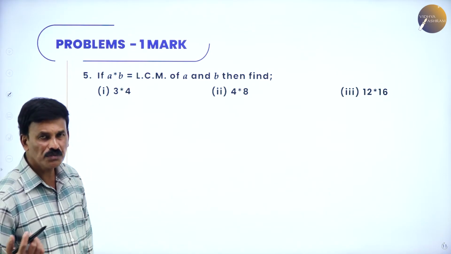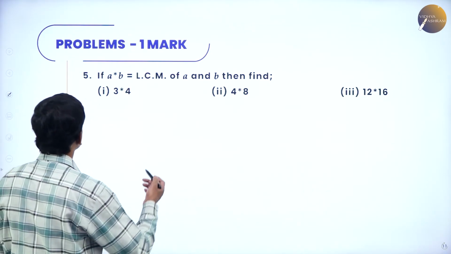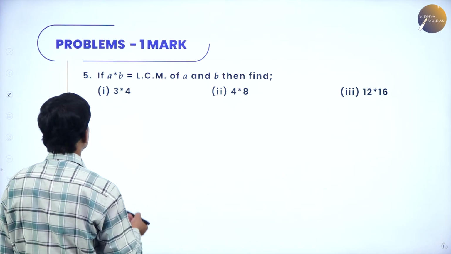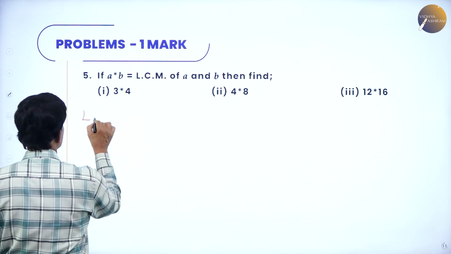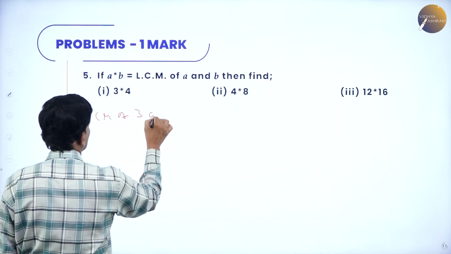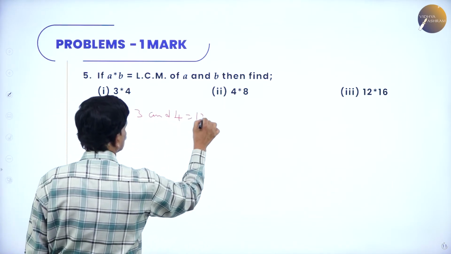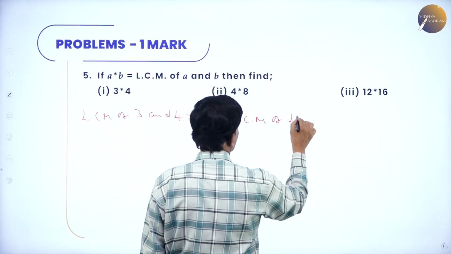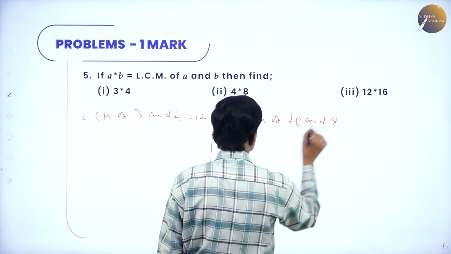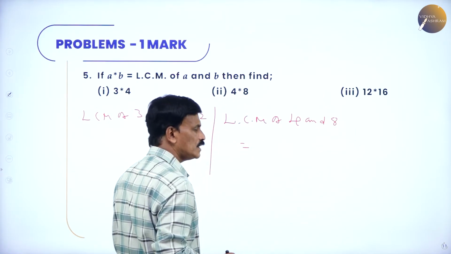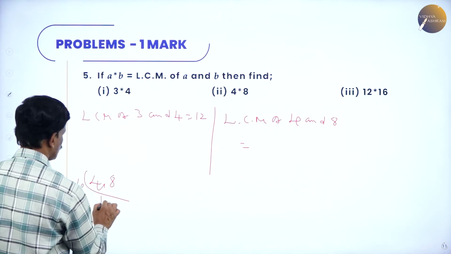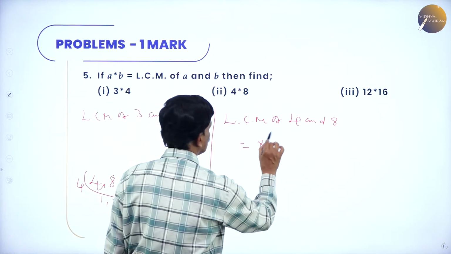You may expect this type of question. If a star b is equal to LCM of a and b, then find a star LCM of 3 and 4. The LCM of 3 and 4 is equal to 12. Here the LCM of 4 and 8: 4 1s are 4, 4 2s are 8, that is equal to 8.